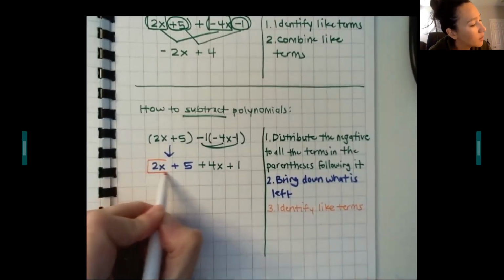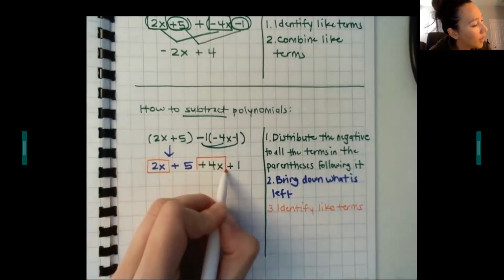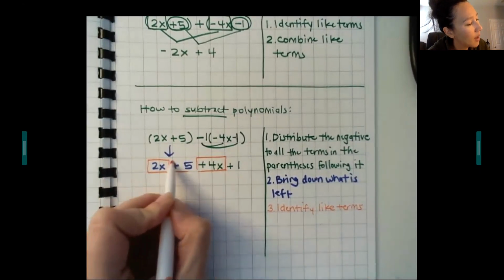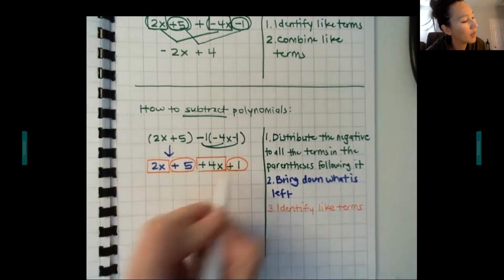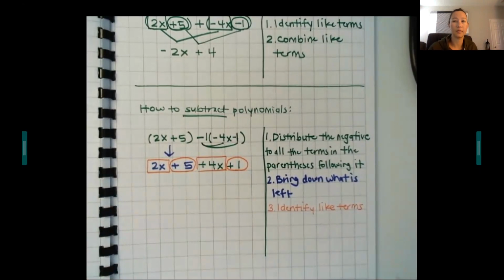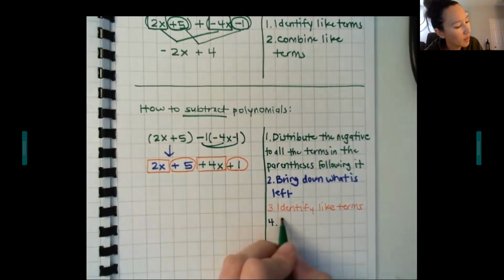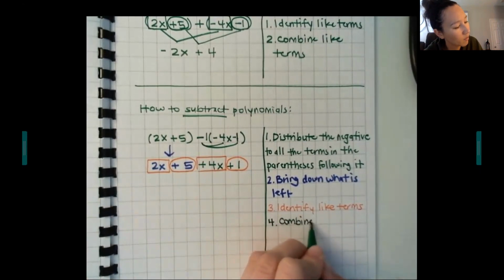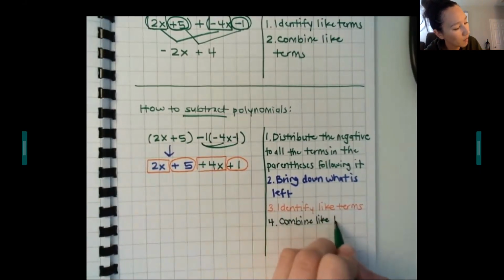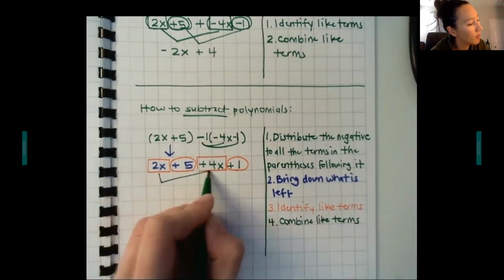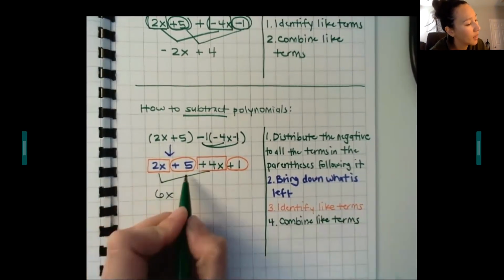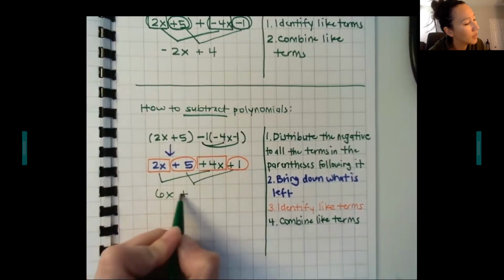So we have a 2x and a positive 4x, and then we have a positive 5 and positive 1. So then our last step is we will combine like terms. So we have 2x and 4x, which is 6x, and 5 and 1, which is positive 6.